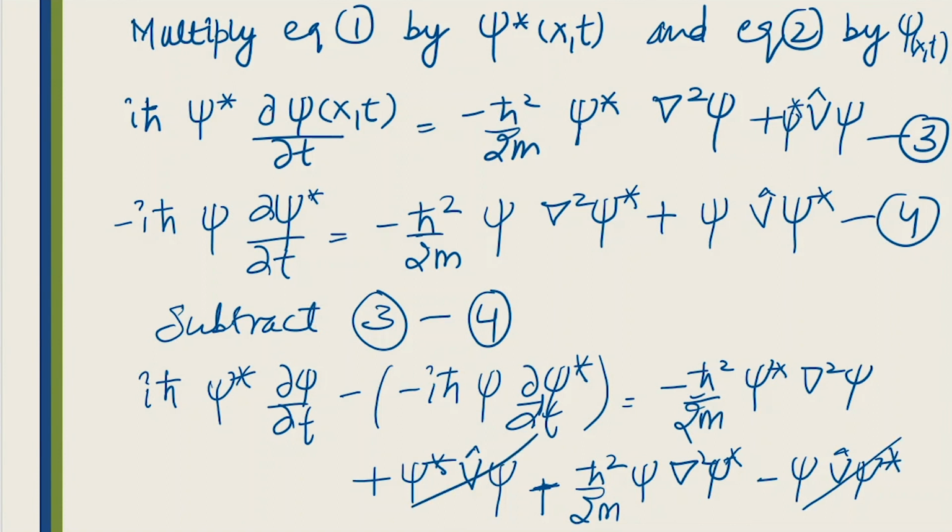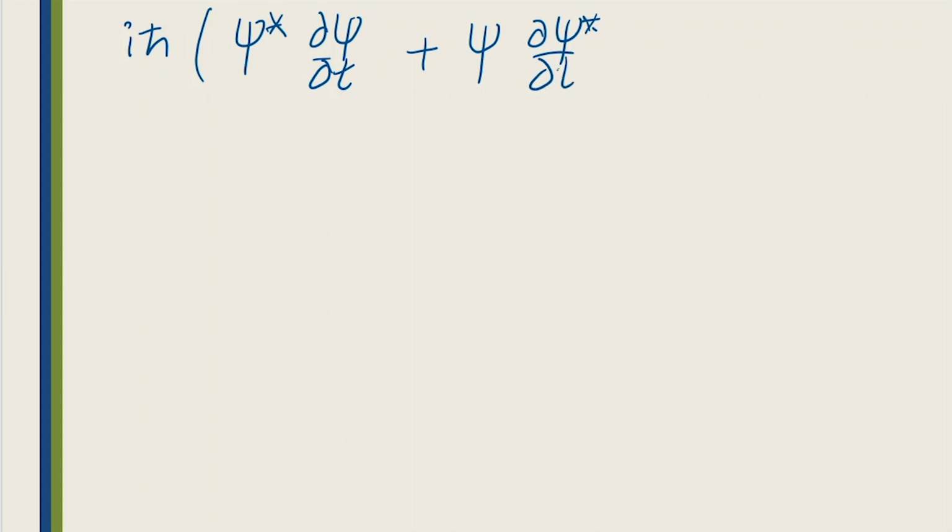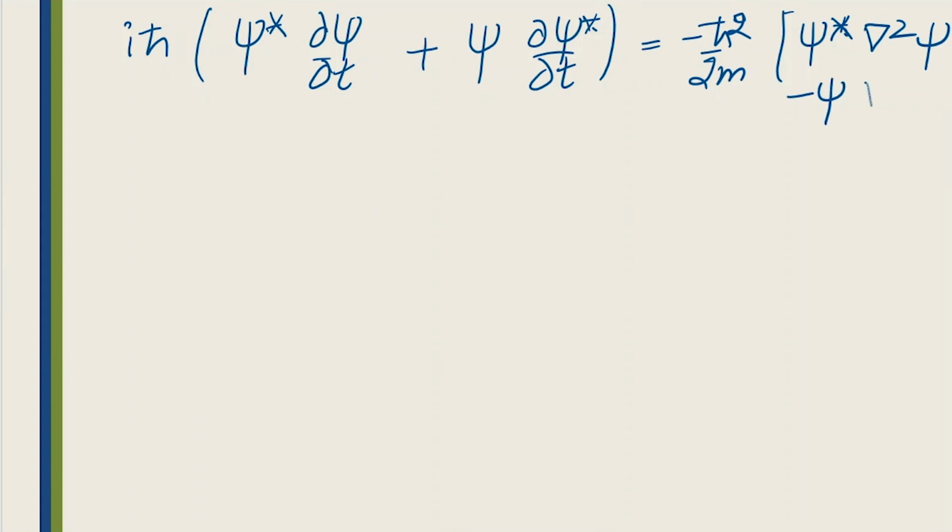The potential terms will cancel out each other. So our expression comes out to be iota h cross times psi star del psi by del t plus psi del psi star by del t, and on the right hand side minus h cross squared by 2m times psi star del square psi minus psi del square psi star.